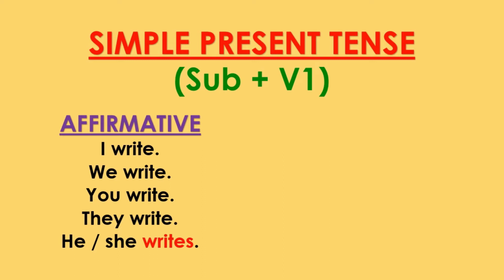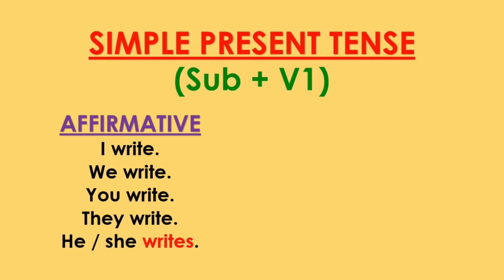So in case of first person singular and plural, second person singular or plural, and third person plural, only the first form of the verb is used. But in case of third person singular number, that is either he or she or it or any of its equivalent noun, we add s or es to the verb.